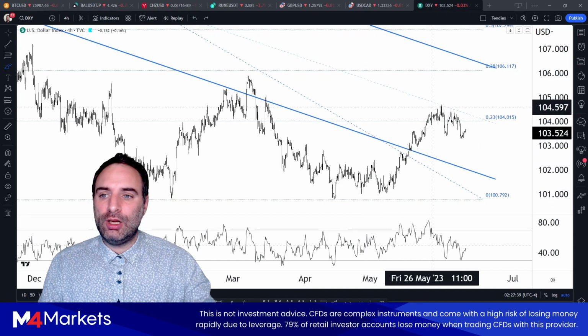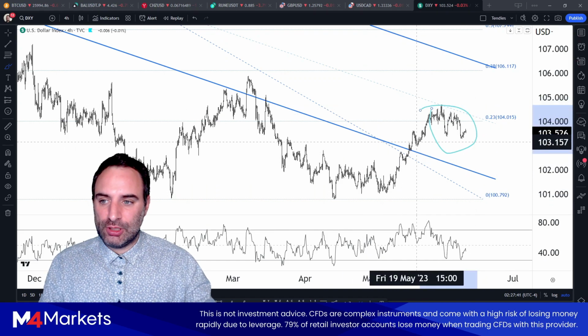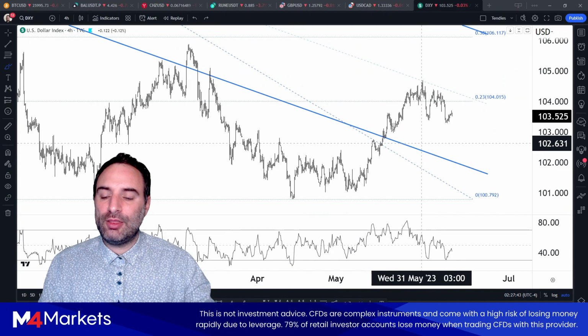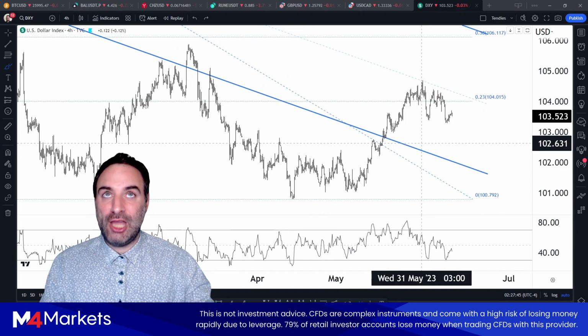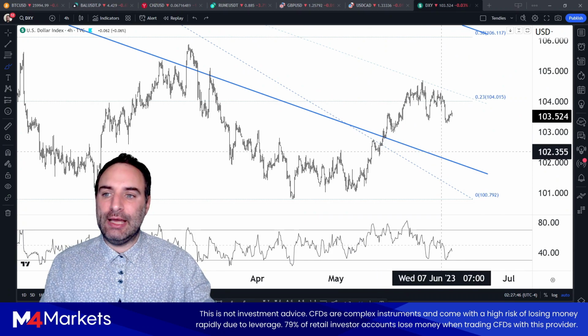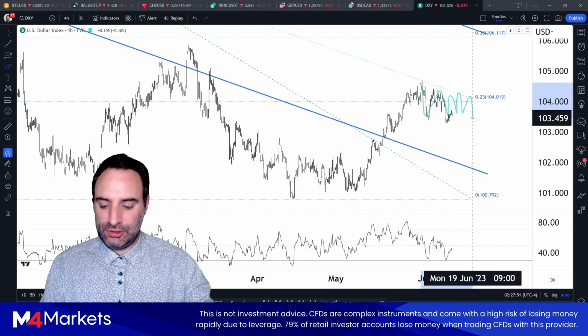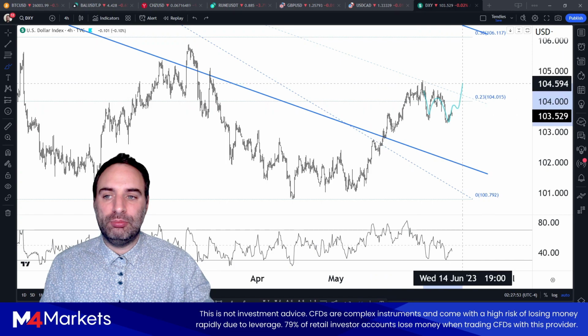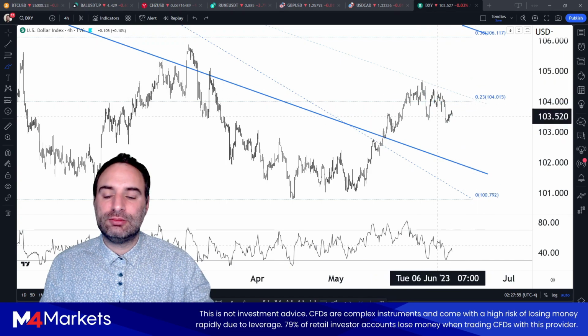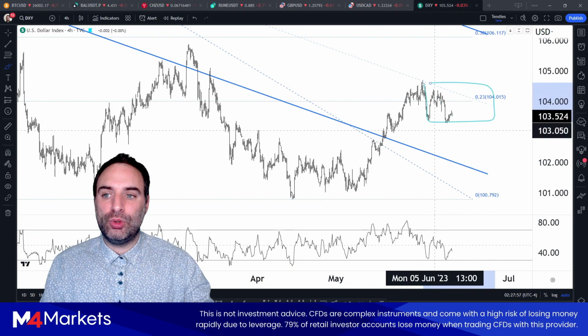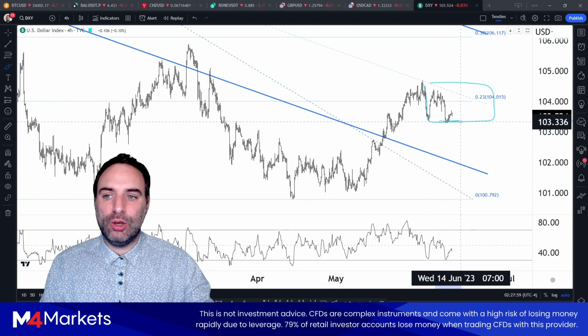Now, looking at this particular structure, there are two major cases that I see panning out. One would be for this to turn into perhaps even a triangle, some sort of flat pattern, or anything that would keep that as a low.